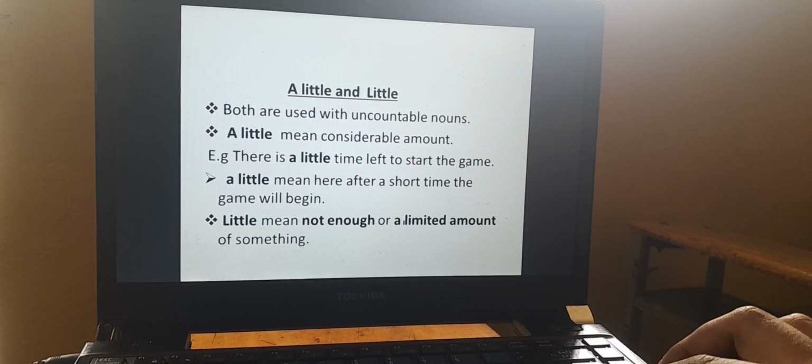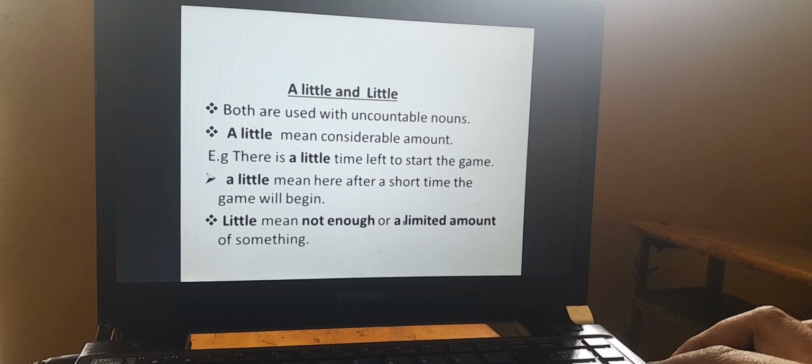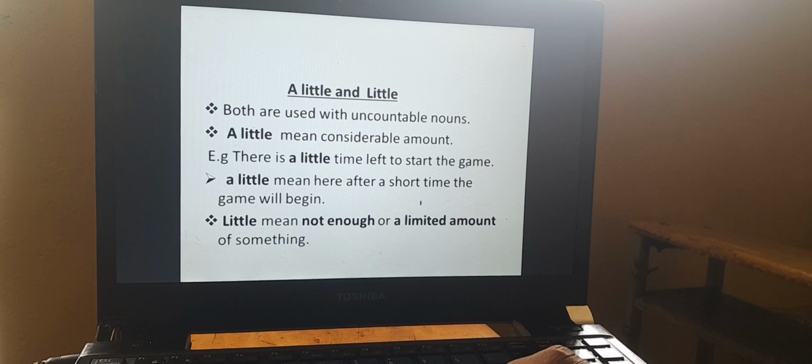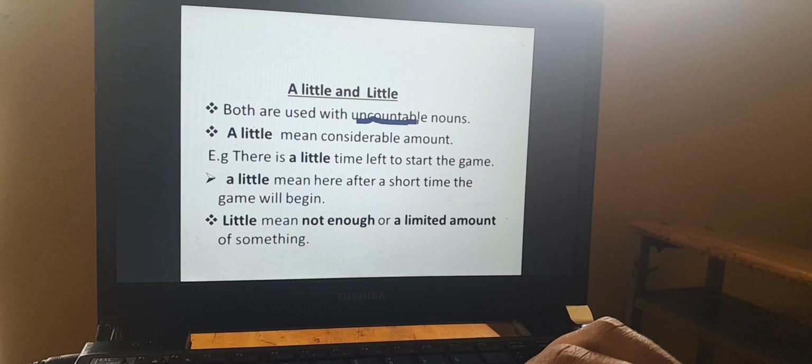All right. A little and little, both are used with uncountable nouns. So you should not be confused about the usage of a little and little, because they are used with uncountable nouns.